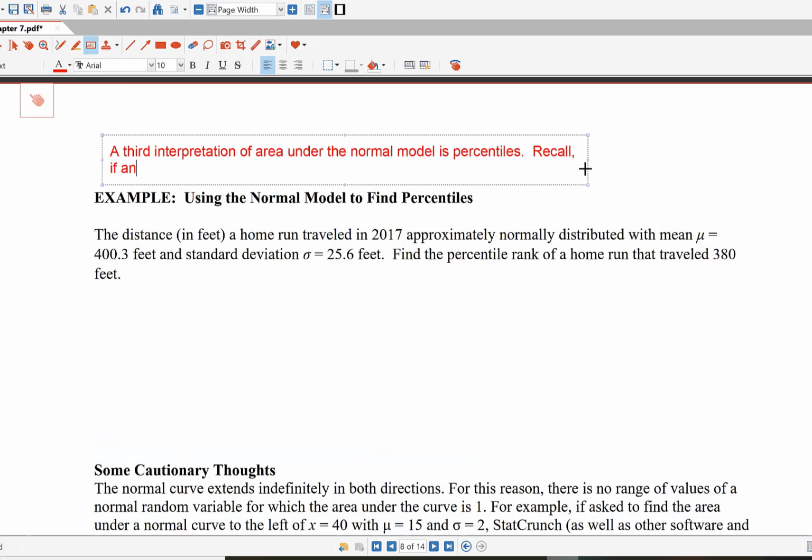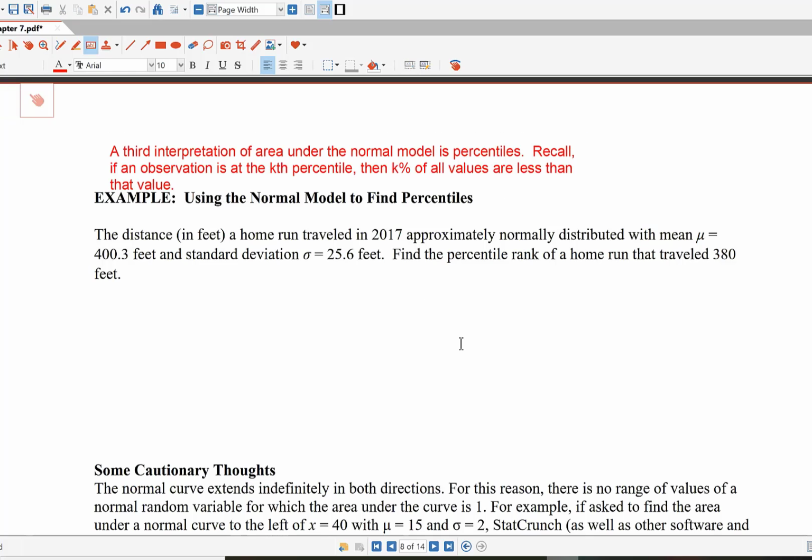So if an observation is at the kth percentile, then k% of all values are less than that value, right? And so we want to find in this problem the percentile rank of a home run that traveled 380 feet.